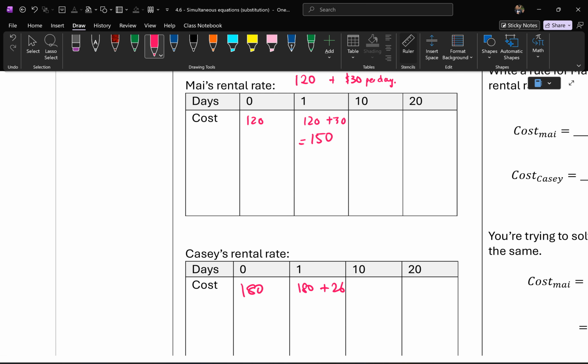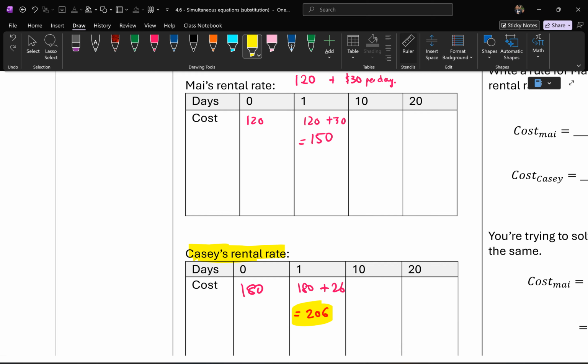So for only 1 day of hire, $180 plus 26, they pay $206. After 1 day of hire, which one is clearly more expensive? Casey's rate. Casey's rate's not as good. Mai's rental looks pretty good, but Mai's rental is a lot more per day.